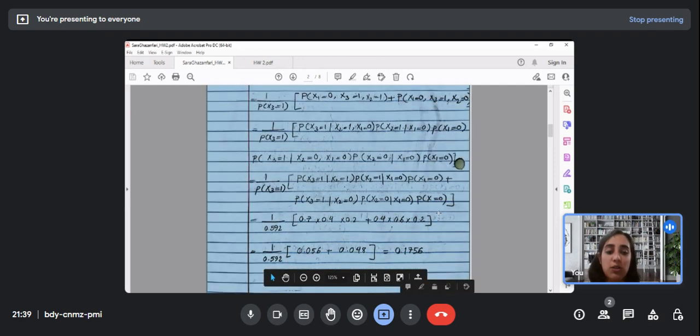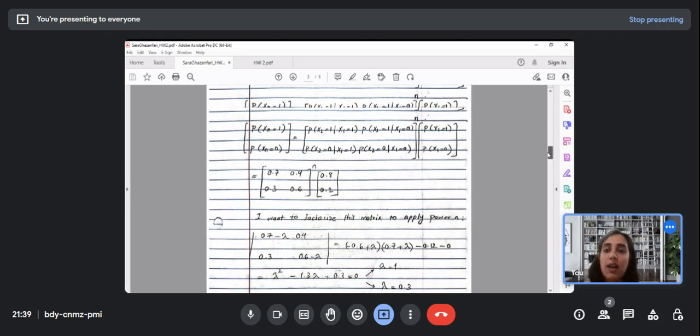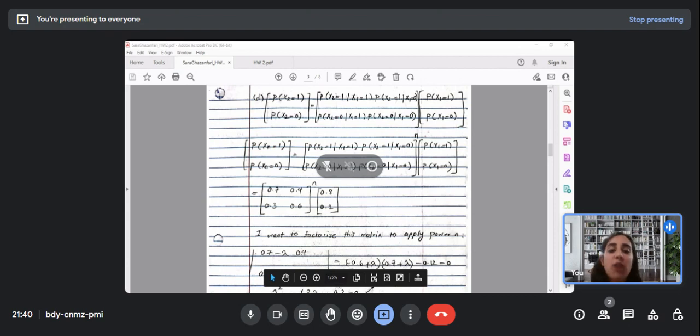In part D, the question gets harder because we want to go to step n, and we want to calculate the limit. As Professor Chen told us in the classroom, we can also write down this transition in matrix form.